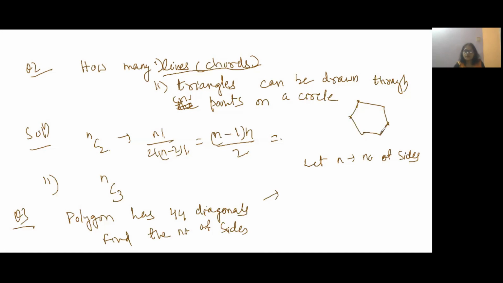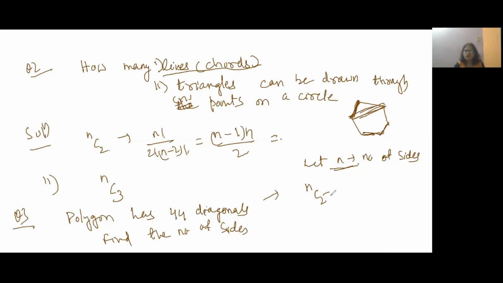Whenever you join these two, you are getting a diagonal. Whenever you are joining these two, you are getting a side. So by joining any 2 points on the polygon, either you will be getting a diagonal or a side. Number of sides is fixed, right? n. So any 2 points first you have to select, that is nC2, and this nC2 contains both sides and diagonals.